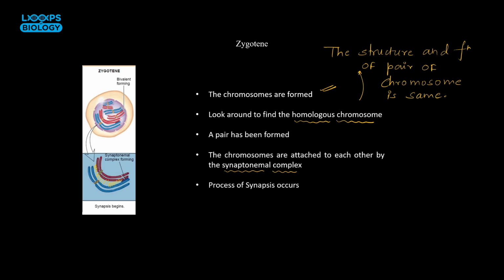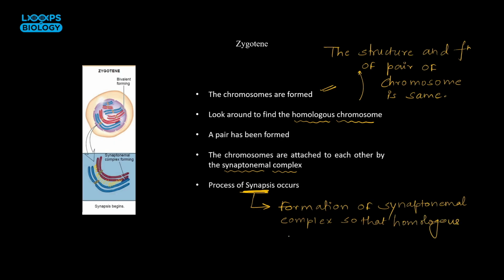They are tied up with the partner, and they remain attached in zygotene; that process is called synapsis. So synapsis is the formation of the synaptonemal complex so that the homologous pair of chromosomes remain attached to each other.